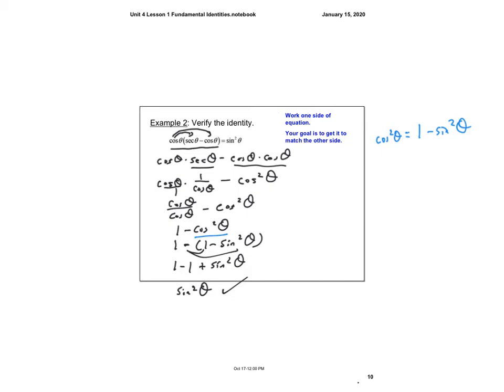So let's try another one. So we've got secant squared theta minus tangent squared theta equals 1. All right, so let's work on the left-hand side here. So secant squared there is the same as 1 over cosine squared. And a lot of times I like to say that I'm working on the left-hand side, so it stands for left-hand side.